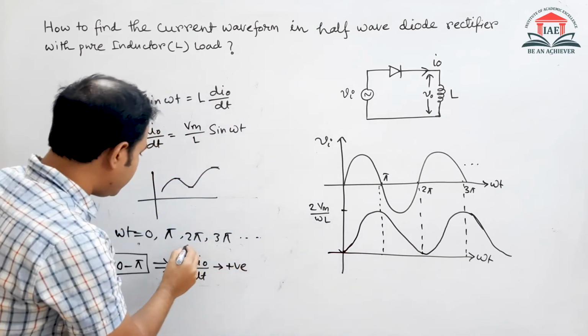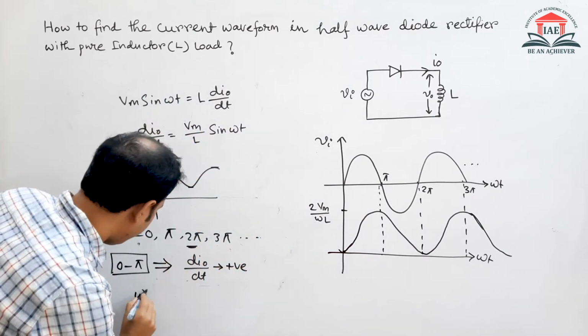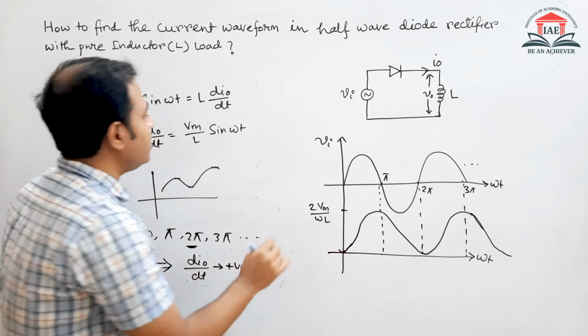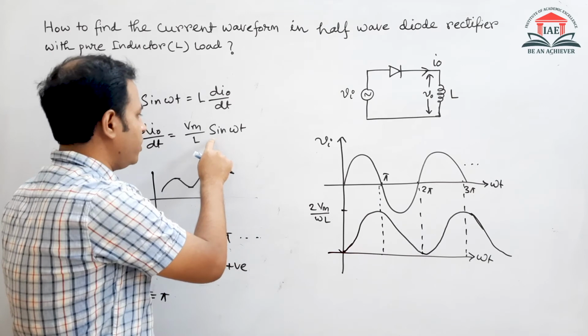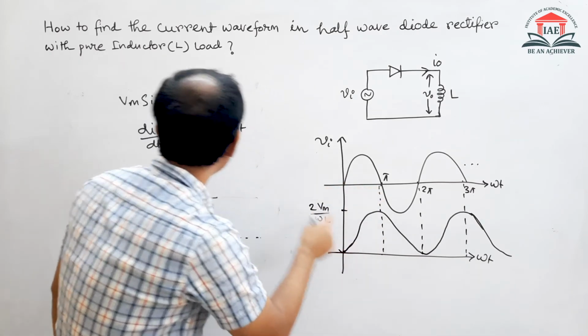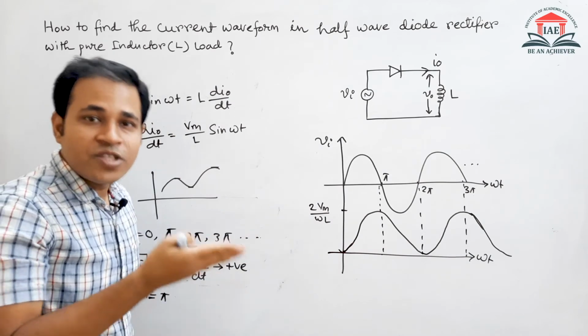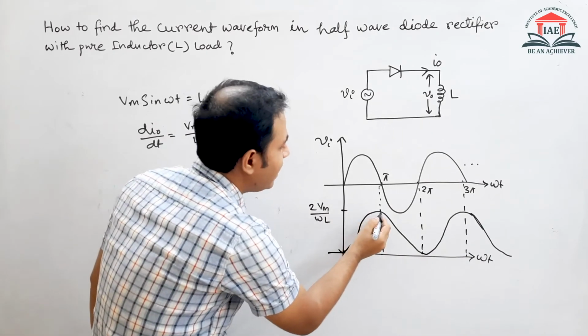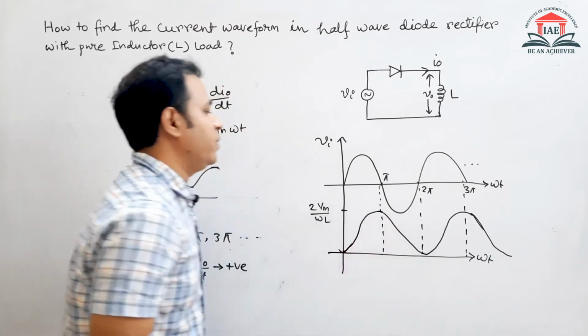Then at the point pi, when omega t equals pi, sin omega t is equal to 0, and if it is so, there will be a positive maximum. Why? Because there is a positive slope and the current will reach its maximum value here.